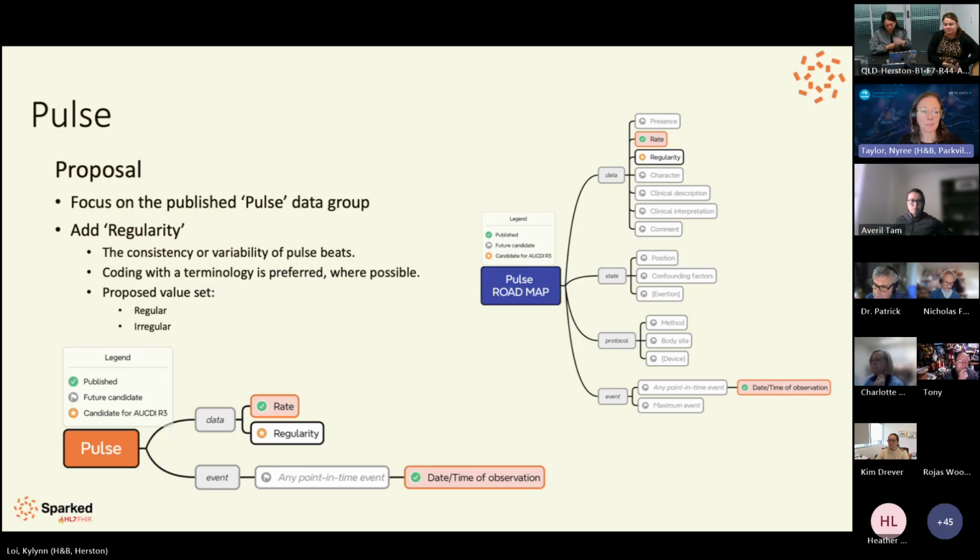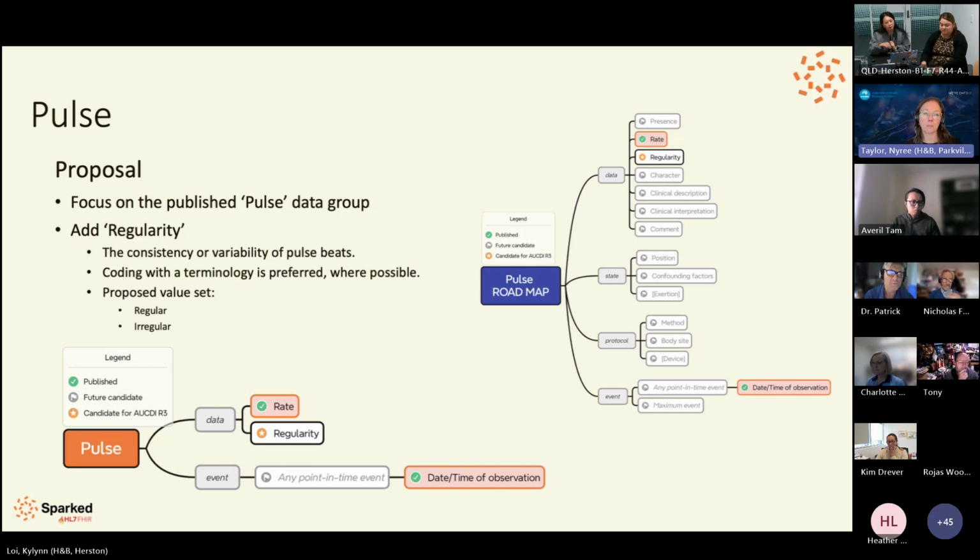Okay, thanks, Kylin. Okay, so on the screen, we've got our second data group that's got an addition that we need to talk about, and that is the data element of regularity. Now, if we circle back to the guide that was originally proposed at the start of the backlog pitches, the actual pitch that was presented in Sydney was around heart rhythm.